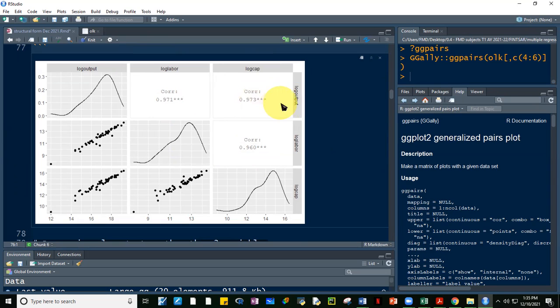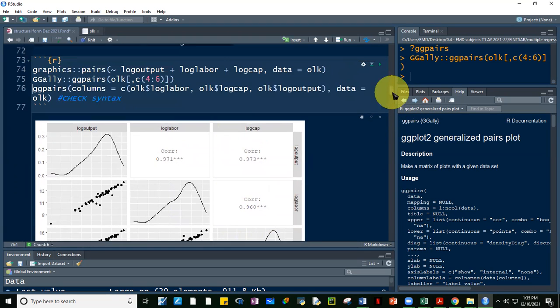That's good. Pero yung log labor, guys, correlated with log cap, 0.96. Okay. We will be having problems with multicollinearity. We don't want the independent variables to be so related to each other. Ang gusto natin, yung mga independent variables natin are not related. Okay? Kung may relation man, konti lang, no? But not strongly related to the other independent variables.